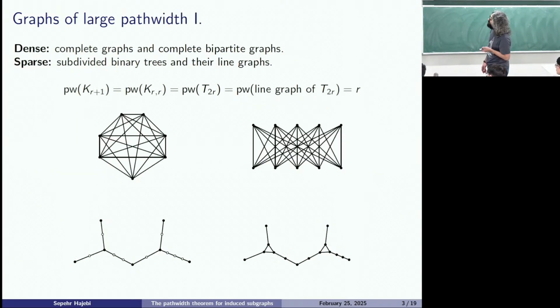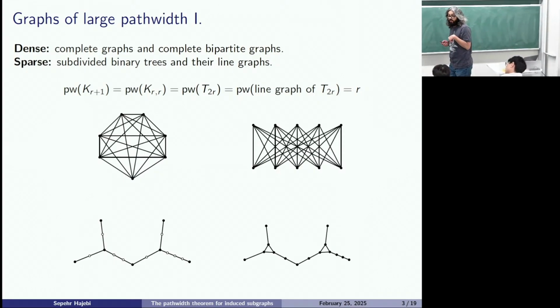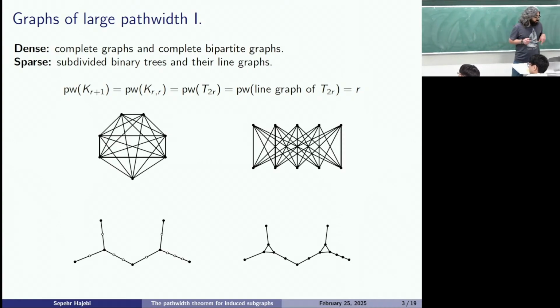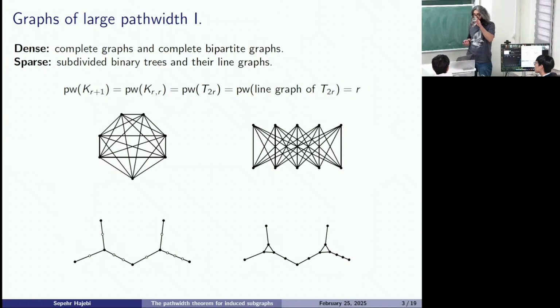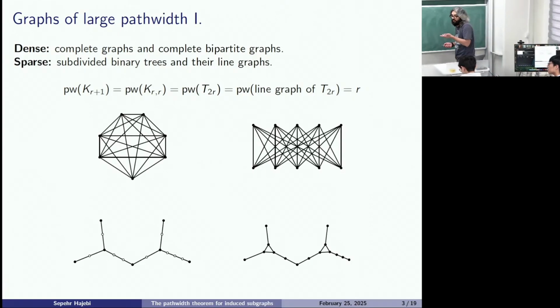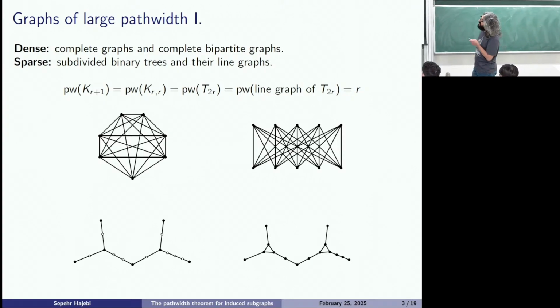All right. So, like I said at the beginning, we would like to understand what causes a graph to have large pathwidth. So let's see a few examples. Complete graphs and complete bipartite graphs have large pathwidth. And that's boring. I mean, of course they do because they're dense, really dense. Well, there are sparse examples too.